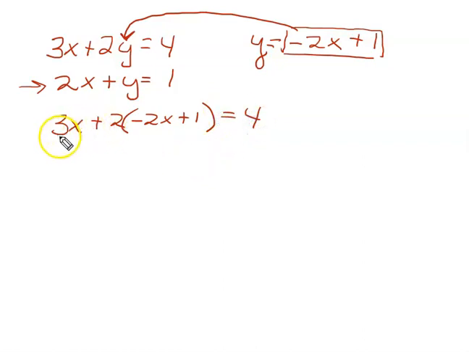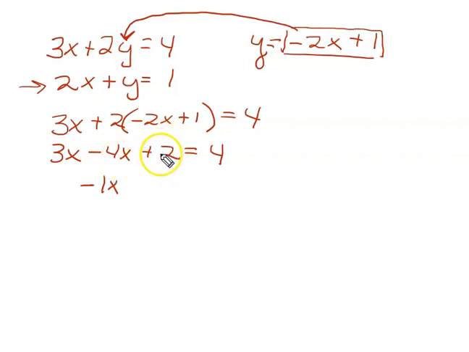So now we have 3x as we clear parentheses minus 4x plus 2 equals 4. We only have one kind of variable. So we do this subtraction here, and we get a negative 1x. Usually we don't write the 1, but I'm doing it for calculation purposes.